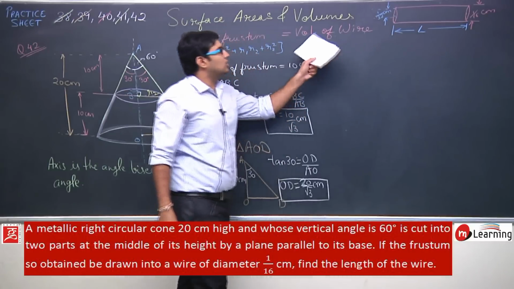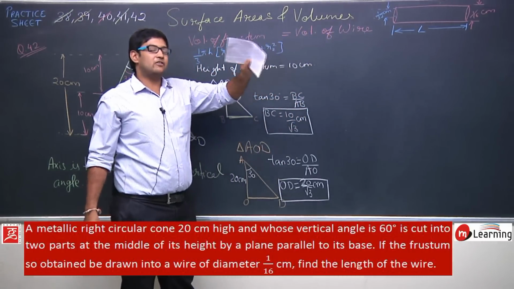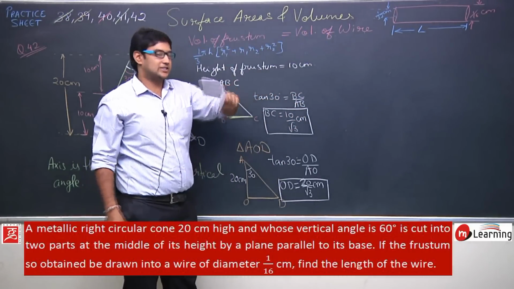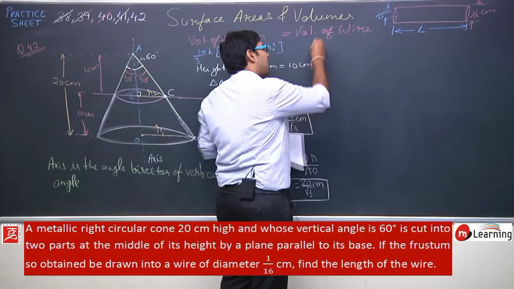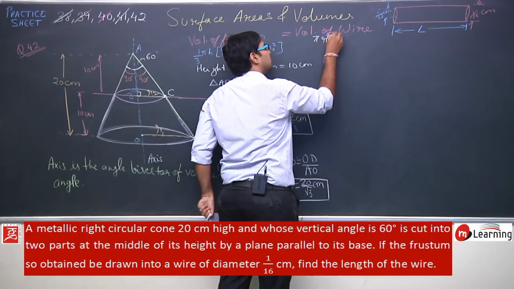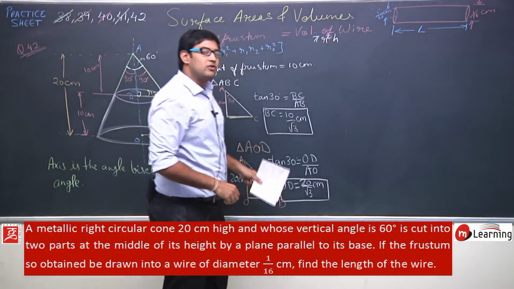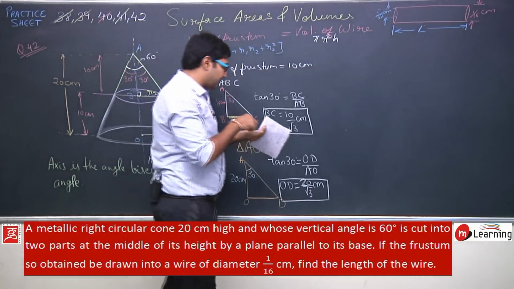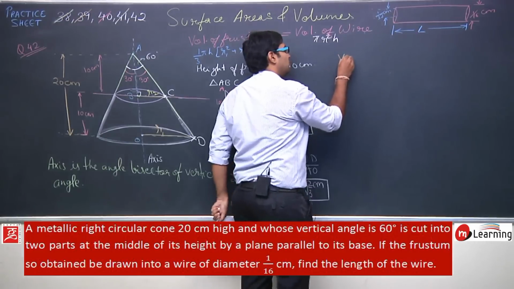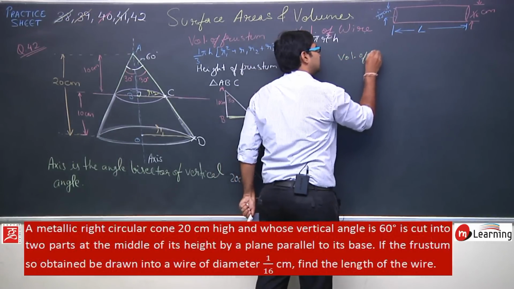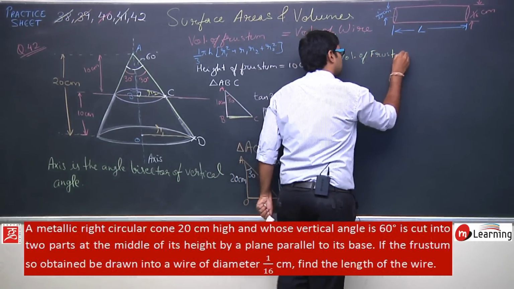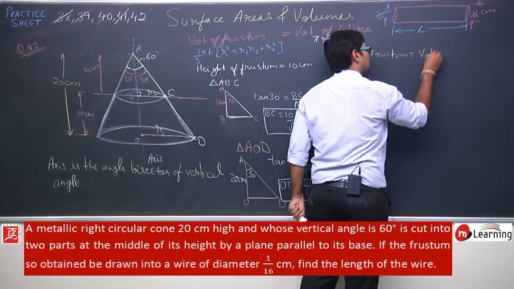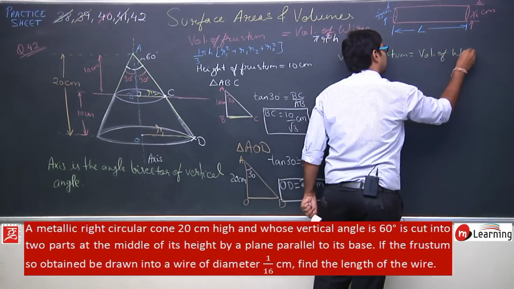So what should be the volume of this wire? Volume of wire will be pi r square h. So I am going to use this equation, that is volume of frustum is equal to volume of wire.